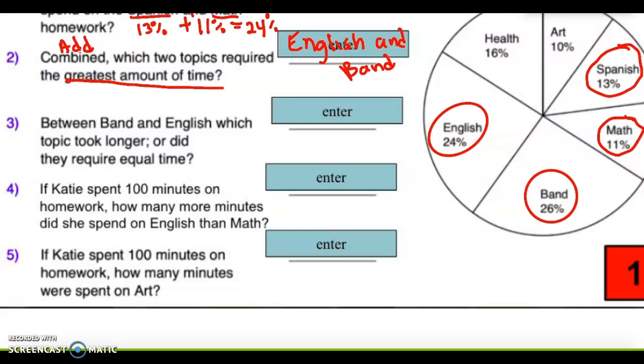I can basically look at it and figure out which one had the highest percentage, band or English. Band had 26, English 24. So I know that the one that took the most time is band. Remember that some of these problems you really just have to read so that you understand what the question is asking you. Now let me look at number 4.